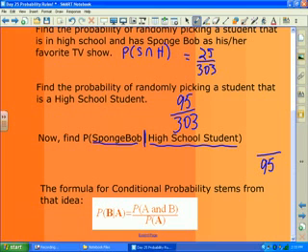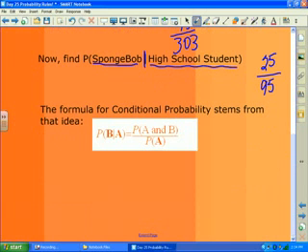And how many of those liked SpongeBob the best? 25. So really, it's a combination of the two of these things together. It comes from probability of SpongeBob and high school on top, so that comes from right here, look down here at this formula, probability of SpongeBob and high school right here out of the probability of high school.